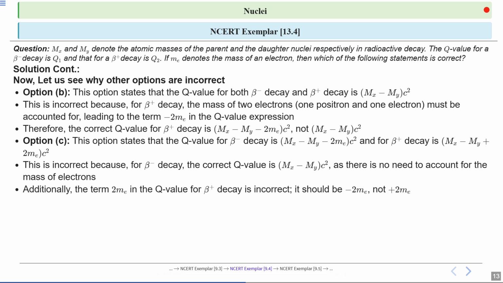Additionally, the term 2Me in the Q value of beta positive decay is incorrect. It should be minus 2Me, not positive 2Me. So in beta minus decay, Q1 equal to Mx minus My C square. And in beta positive decay, Q2 is equal to Mx minus My minus 2Me C square.